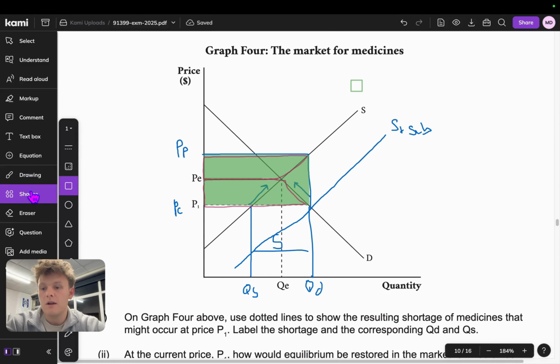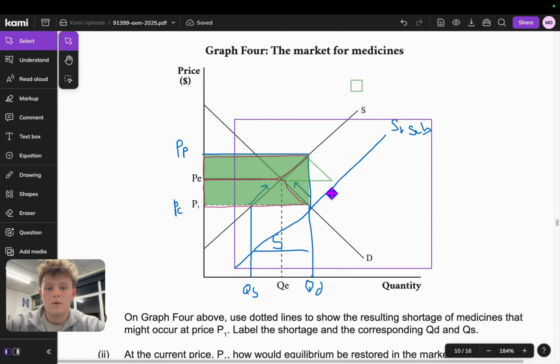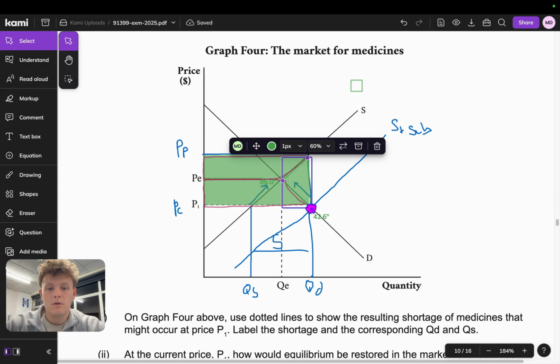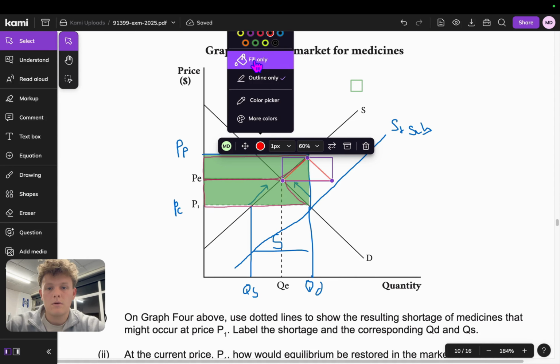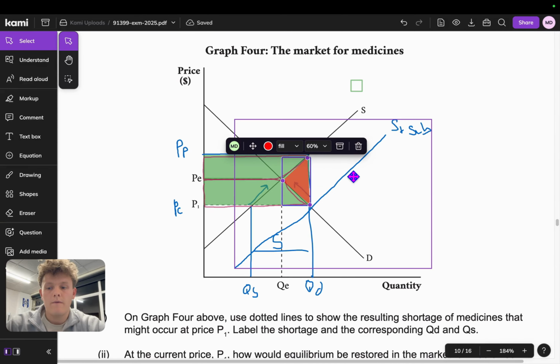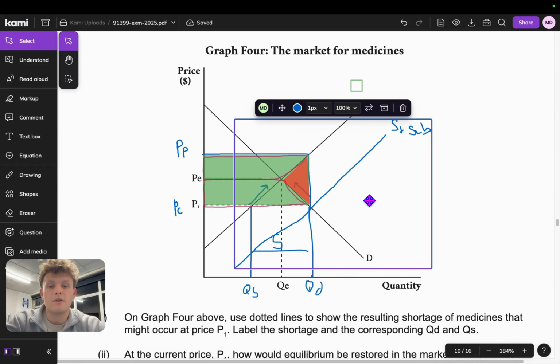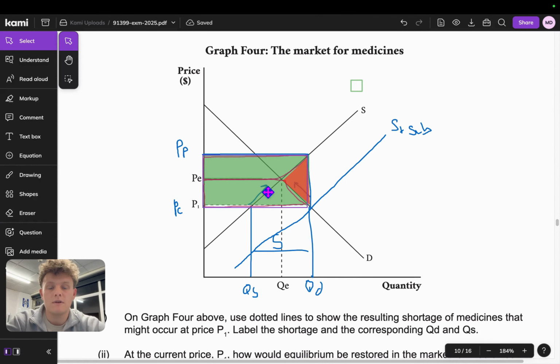And then finally, this area here will be my deadweight loss. So it's the difference. It's the area of spending that's not transferred to consumer or producer surplus. Here's my deadweight loss, the area not transferred to consumer or producer surplus.